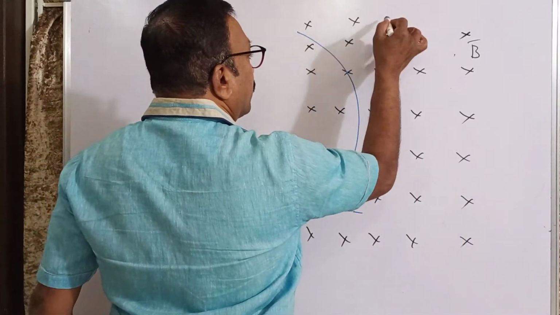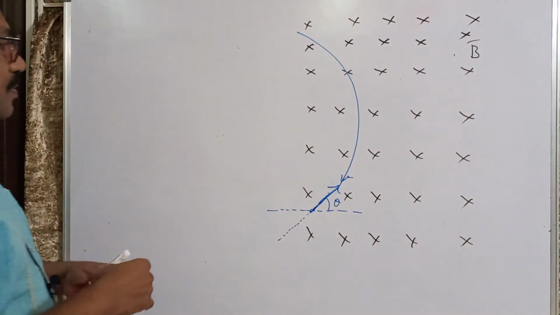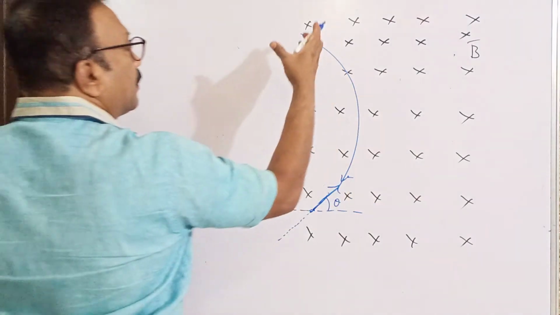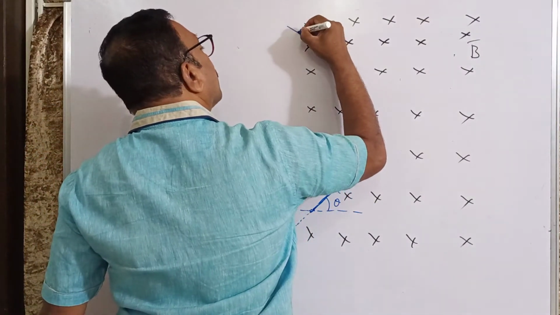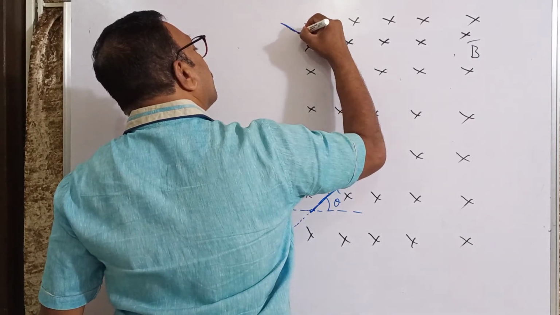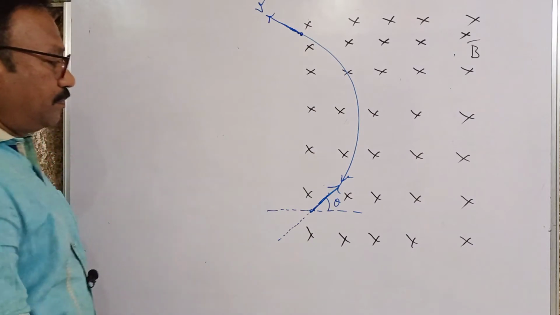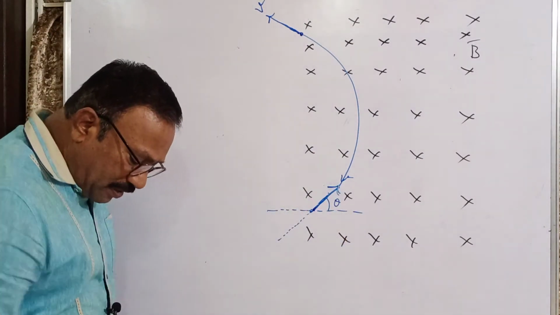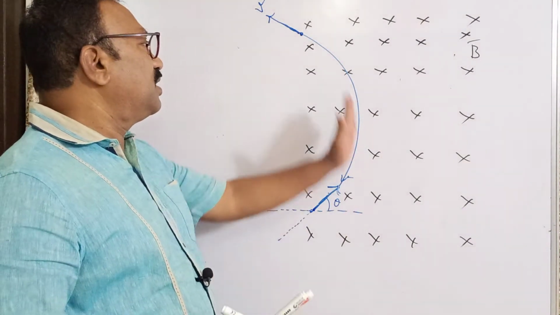So this is how the particle travels, and it leaves the field like this now. The magnitude of the velocity of the particle won't be changing, only the direction will be changing.